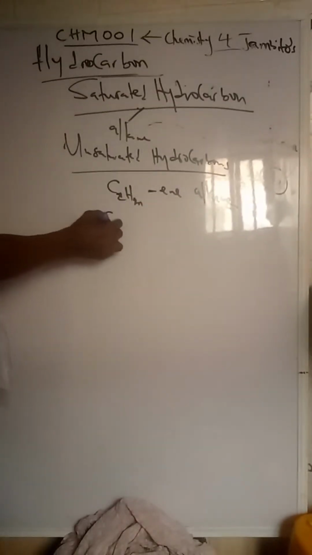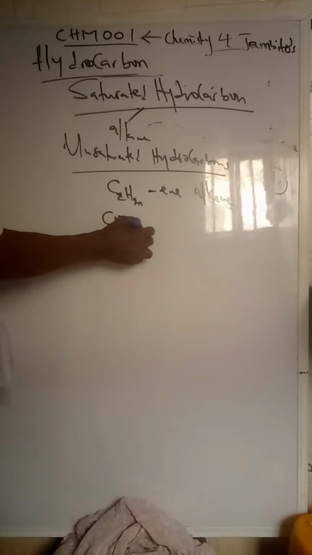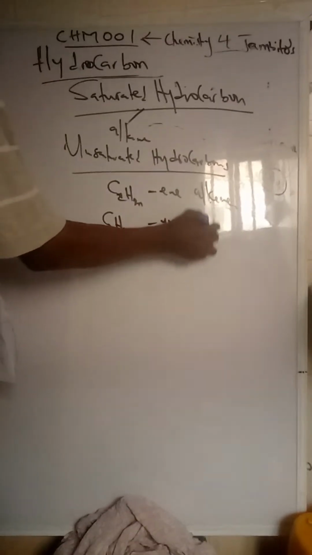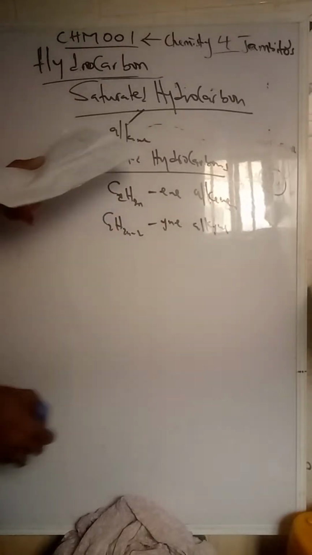Then you all know that CnH2n is simply the general formula for the alkene family. But when you have CnH2n minus 2, this belongs to the alkyne family.